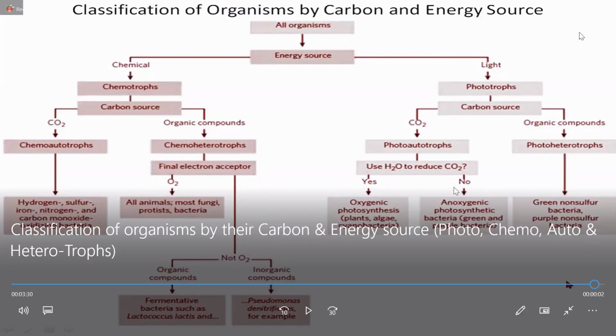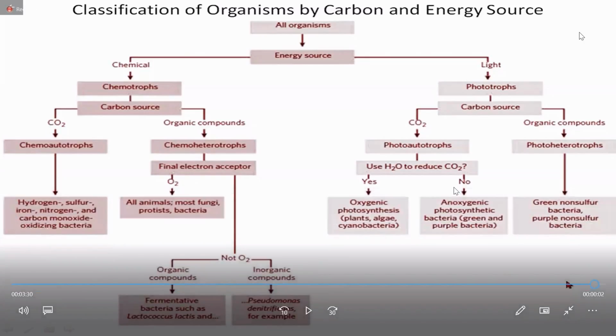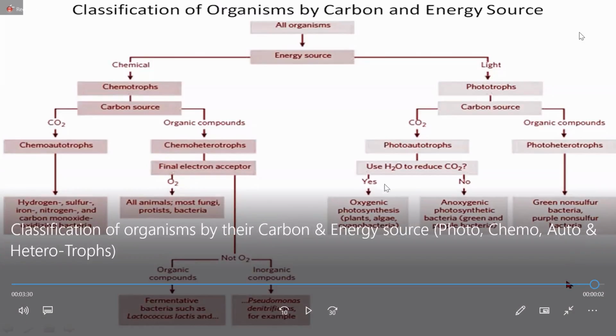Here, in the case of photoautotrophs and photoheterotrophs, instead of water, it will reduce the carbon dioxide. We already discussed this yesterday: oxygenic and anoxygenic photosynthesis, or phosphorylation.